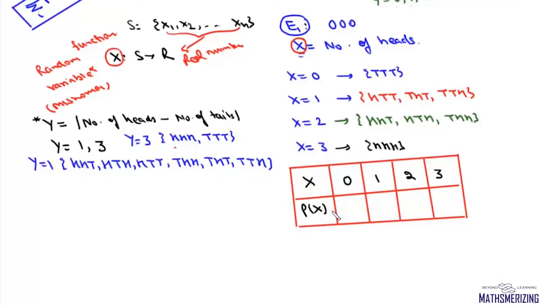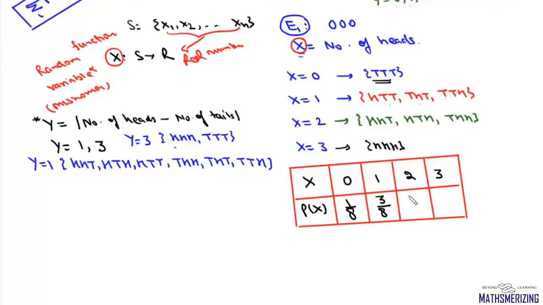Now what is the probability of x equals 0? We'll get x equal to 0 when we have TTT. Now what is the probability of getting TTT? In this case, favorable outcome is 1 and total outcomes is 8. So this probability is 1 by 8. Now what about x equal to 1? For x equal to 1, we have 3 favorable outcomes, so it will be 3 by 8.